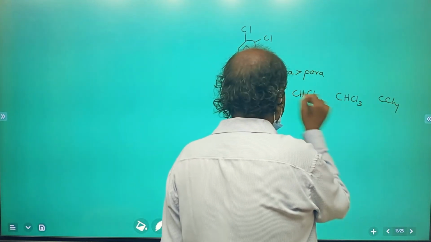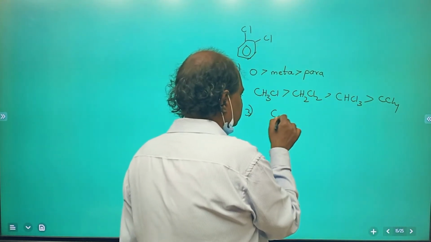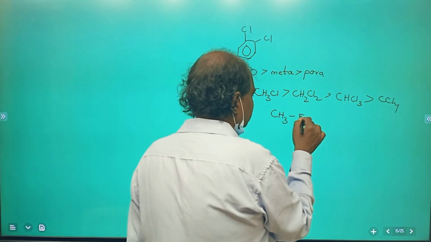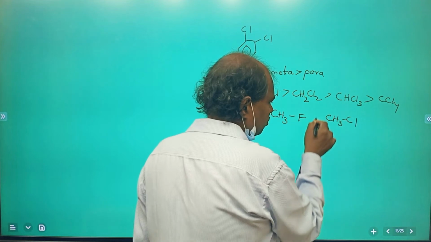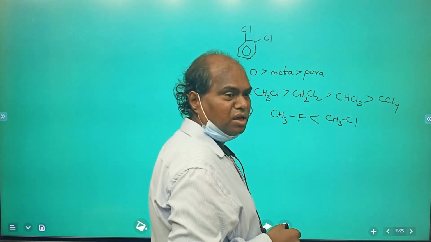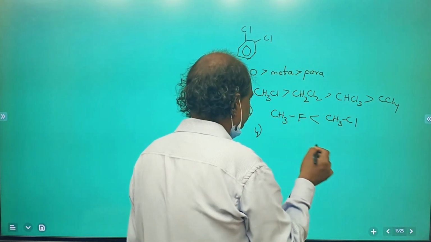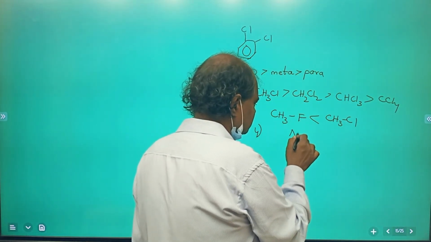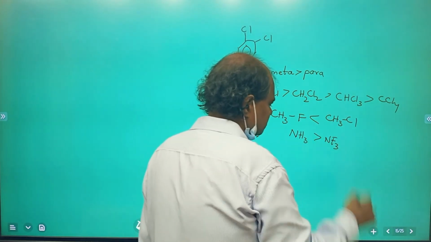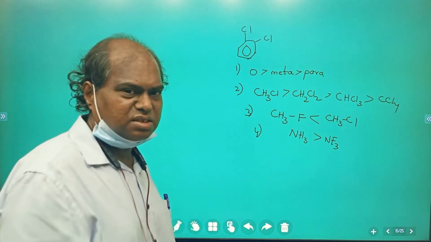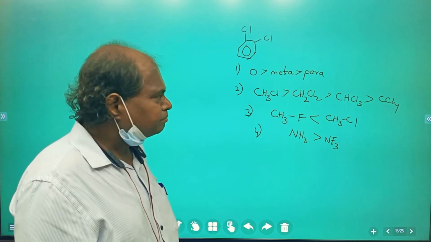What is the order of dipole moment? The third point is CH3F. In comparison to CH3Cl, yes, CH3Cl will have more. And the fourth one, as I just told, NH3 will have greater than NF3. These are the common things which they ask in the exam, right? Okay, so that's all about dipole moment, right?